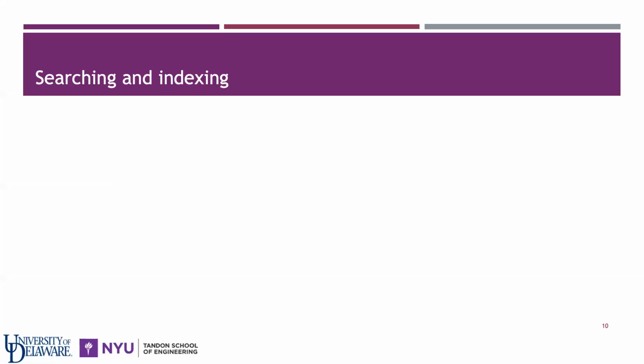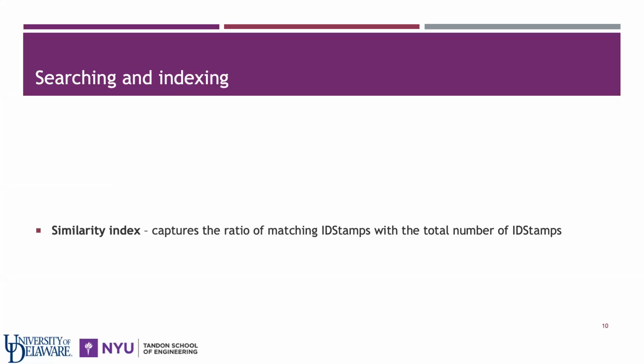For each search, we calculate the similarity index. The similarity index captures the ratio of matching ID stamps to the total number of ID stamps, which means it evaluates the matching rate between two candidate files.